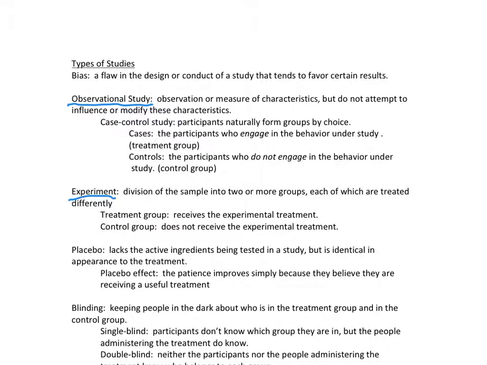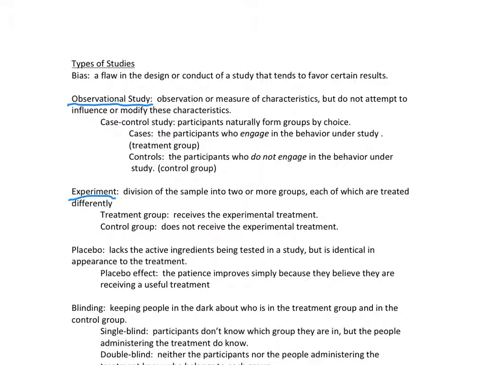So if I wanted to do a study on smokers versus non-smokers, I wouldn't pick 50 random people and then randomly decide you 25 are going to smoke, you 25 are not, and you're going to do it because I said so, not because of what you've already decided to do in your life.